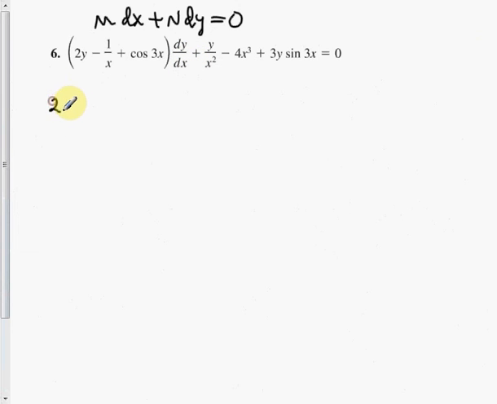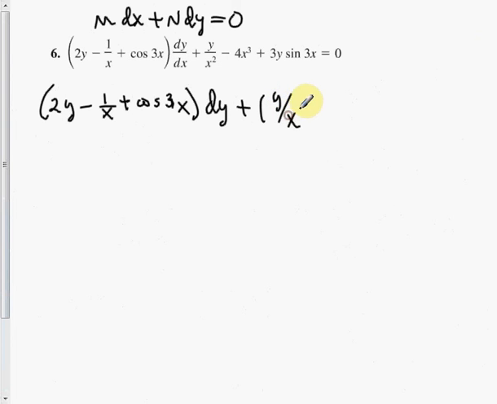So I get this 2y minus 1 over x plus cosine 3x, times dy, plus parentheses y over x squared minus 4x to the third plus 3y sine 3x, times dx is equal to 0.